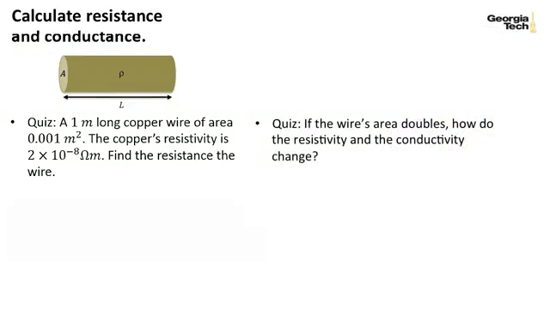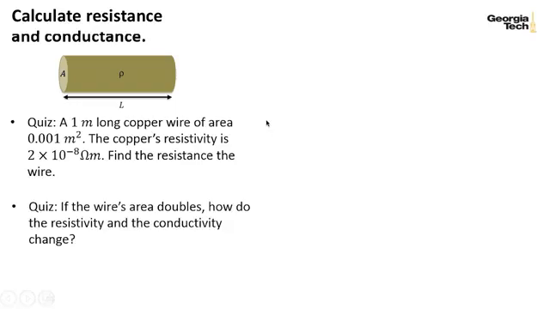So let's consider a 1 meter long copper wire that has an area of 0.001 square meters. The copper's resistivity is 2 times 10 to the minus 8 ohm meters. Find the resistance of the wire. We know that R is ρ L over A, and our resistivity is given as 2 times 10 to the minus 8.